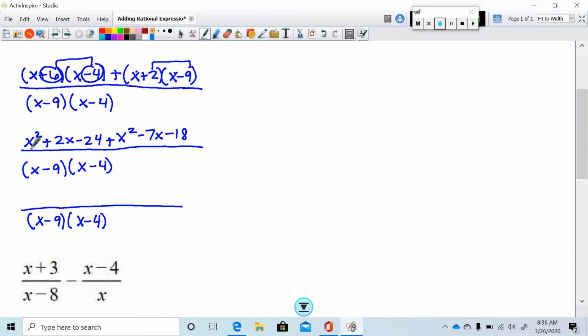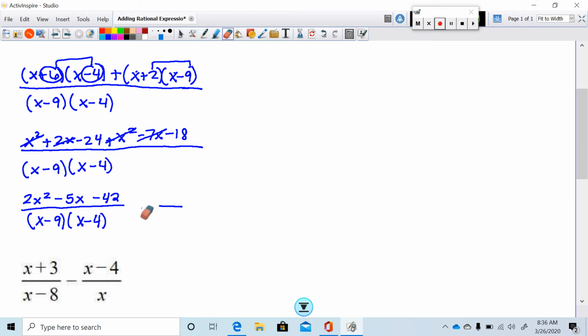Okay, in the numerator, x squared plus x squared is 2x squared. 2x minus 7x is a negative 5x. Negative 24 and then negative 18 is a negative 42.